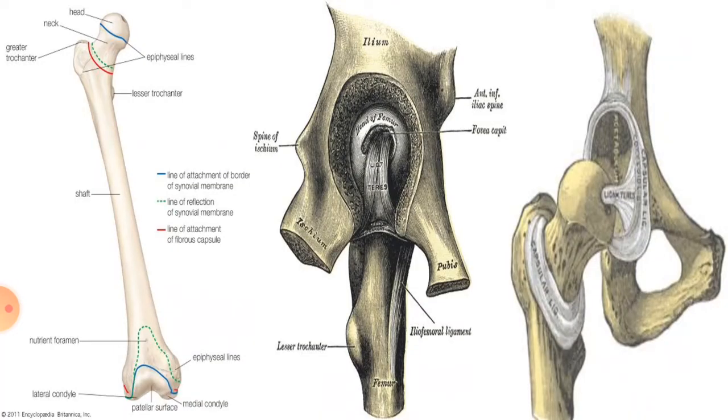Okay, next comes the notch, and this is a depression that would be bridged by a ligament.